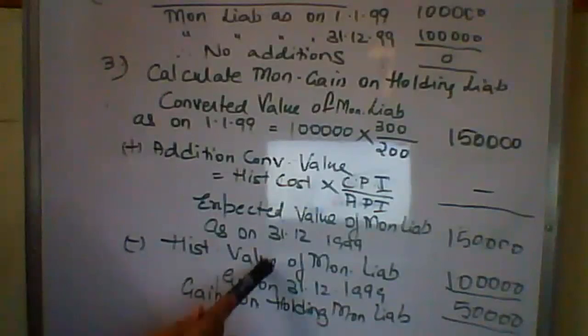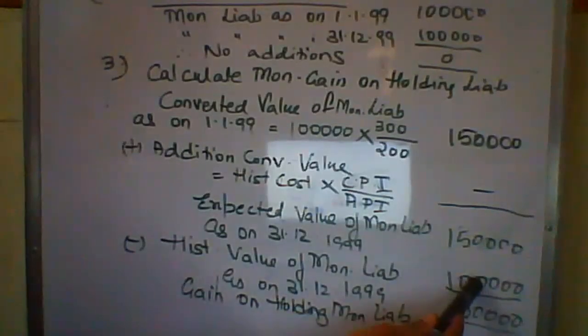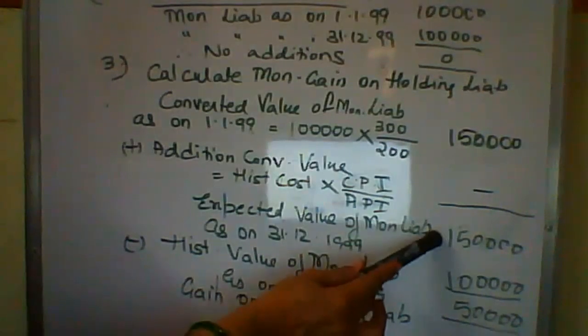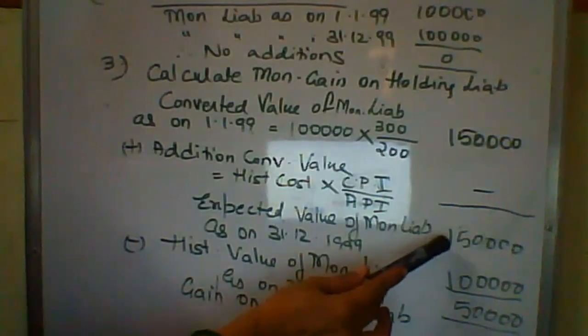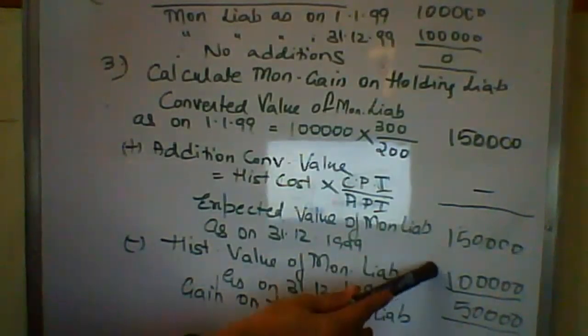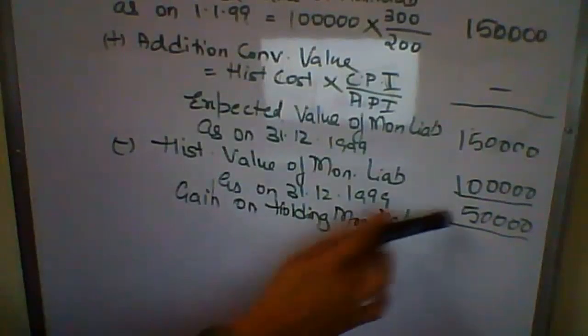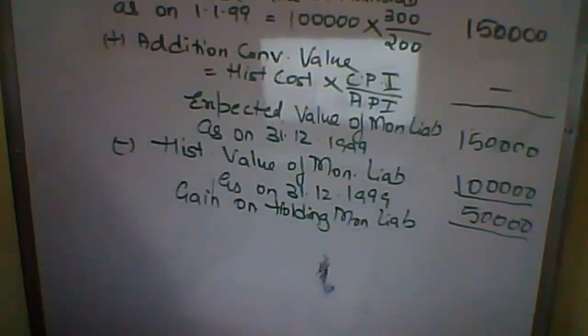But historical value of your monetary liabilities is 1 lakh only. It means you will be paying 1 lakh only. Though the monetary liabilities' current value is 1,50,000, you will be paying 1 lakh only. So at the end, you would get a gain on your holding of monetary liabilities.